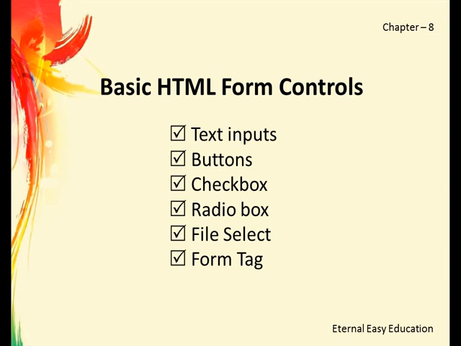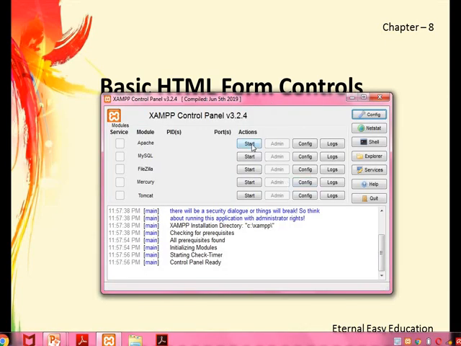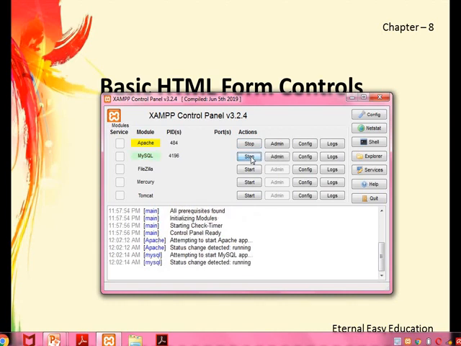I hope you can recall your 11th standard where you learnt all the controls with the example. Now I am going to show one example with these controls. As you know, you have to start the server before you run your PHP program.